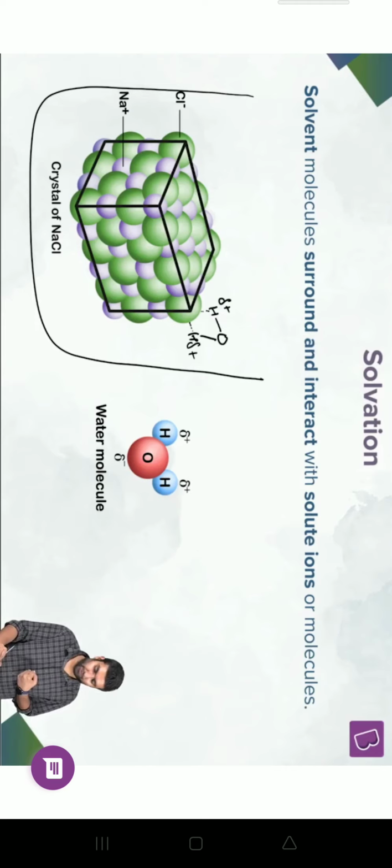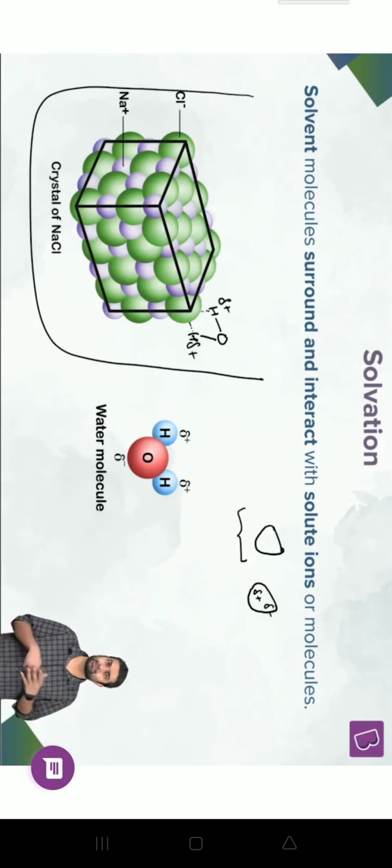And going forward, I might represent H2O in this Wix shape, or I might just write it as del plus and del minus, or just represent it like this.